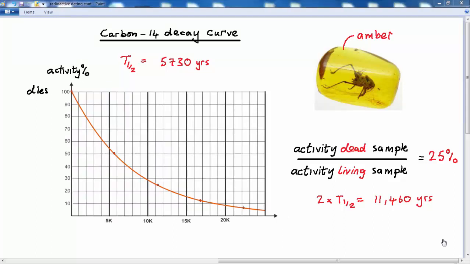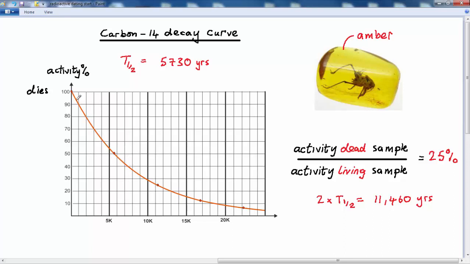Now, just to finish, there are a couple of important points that I'd like to make about this dating method. As you can see from this graph, when this sample is relatively young, that's to say less than about 20,000 years old, then it's not that difficult to establish the age of the sample.